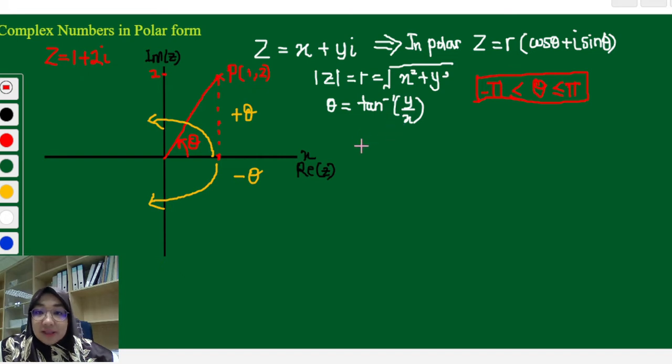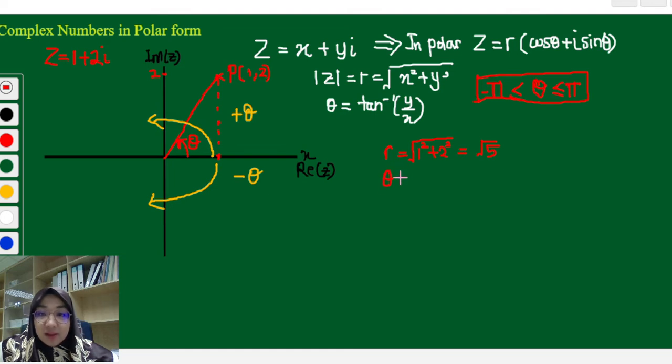Alright, the first step kita cari dulu dia punya r equal to square root of x square, x unit dia adalah 1, tambah 2 square. So you have here square root of 5. Okay, now you want to find the argument of z.